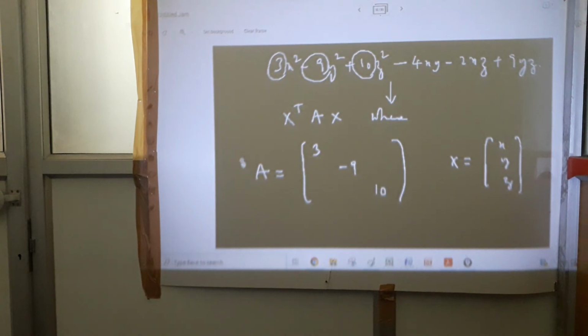Actually, you can feel that it is like this: xx, xy, xz. First variable I am writing for row, and second variable I am writing for the column. Now it is yx, yy, yz. I am calling x, y, z as 1, 2, 3. Then this position is 1, 1. I am writing first variable. This position is 1, 2.